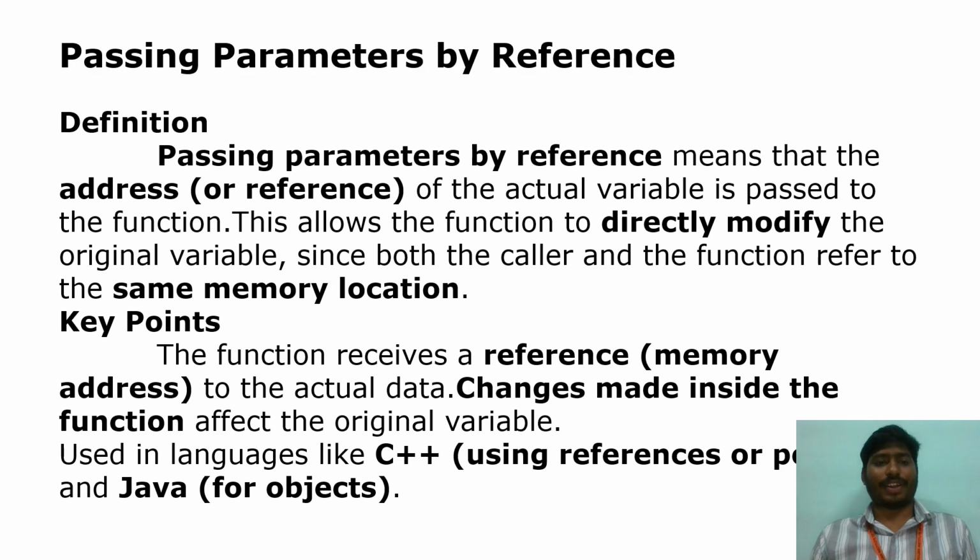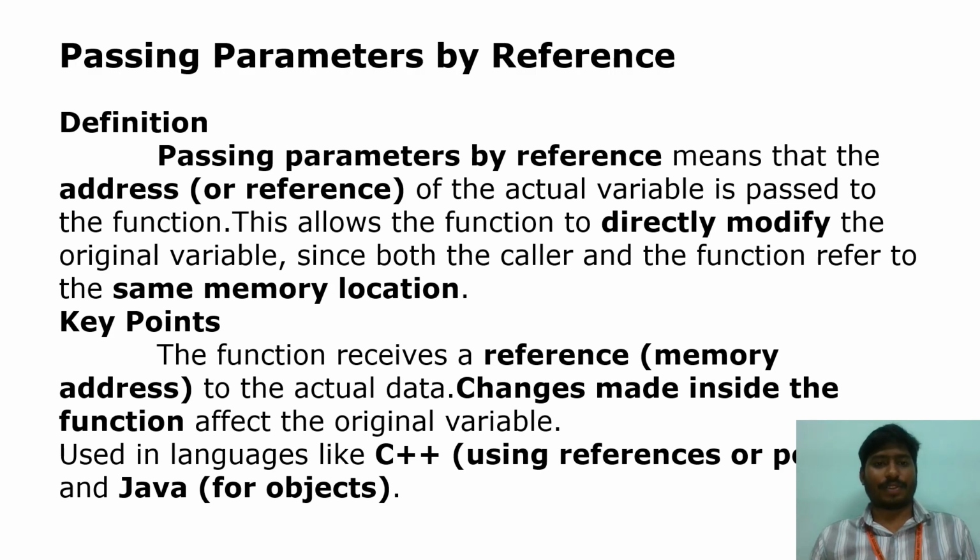Passing parameters by reference. Here is the definition of passing parameters by reference. Passing parameters by reference means that the address of the actual variable is passed to the function. This allows the function to directly modify the original variable, since both the caller and the function refer to the same memory allocation.